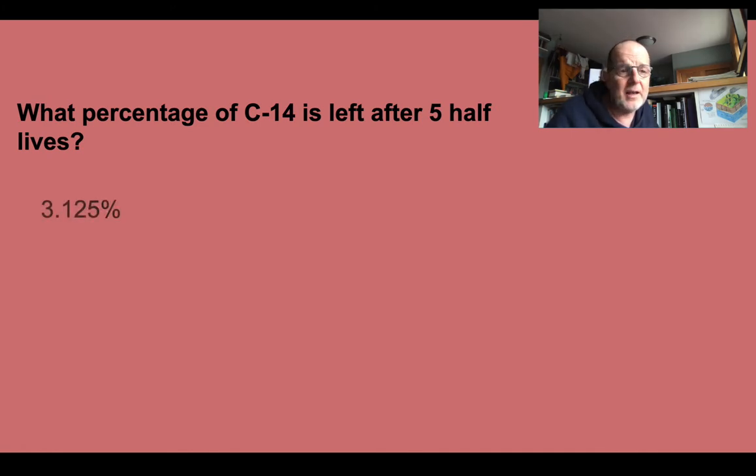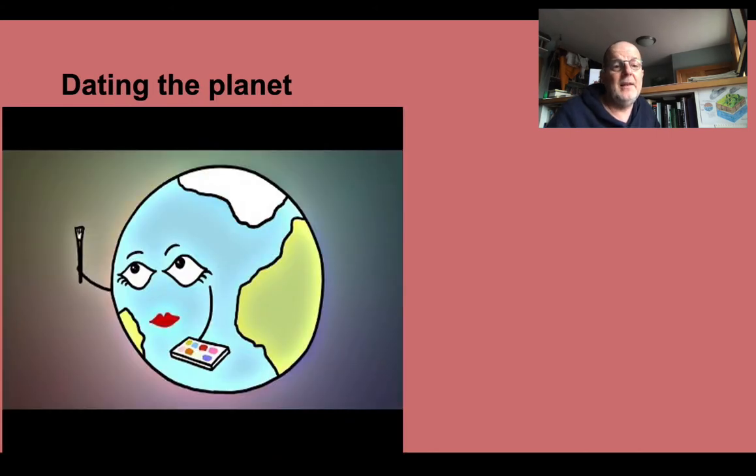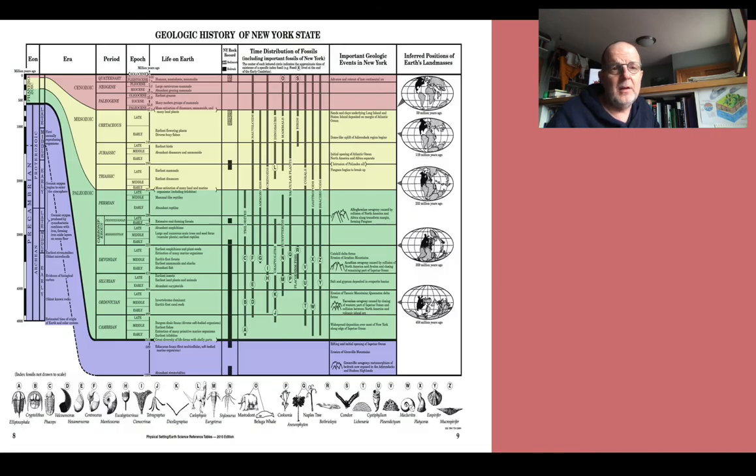Well, you just keep dividing. It would be 3.125%. What happens to the amount of N14 as the C14 decays? It increases. And there we have our way of dating the planet.